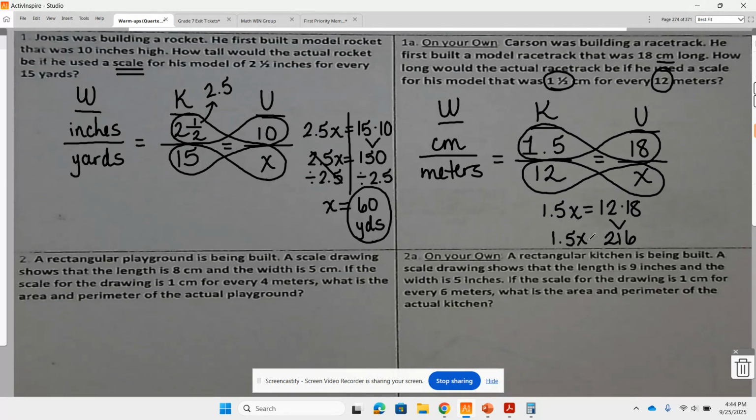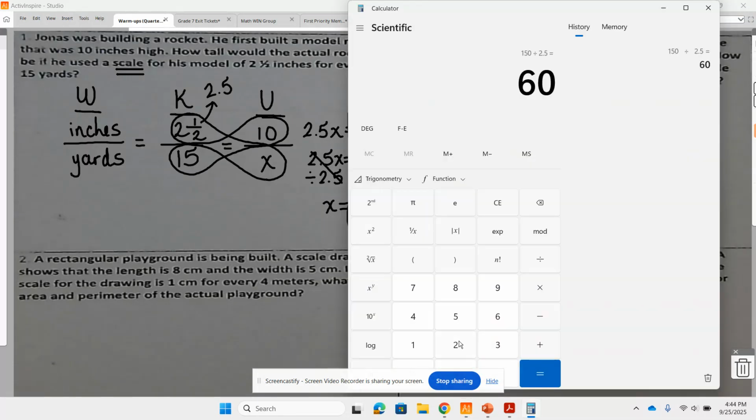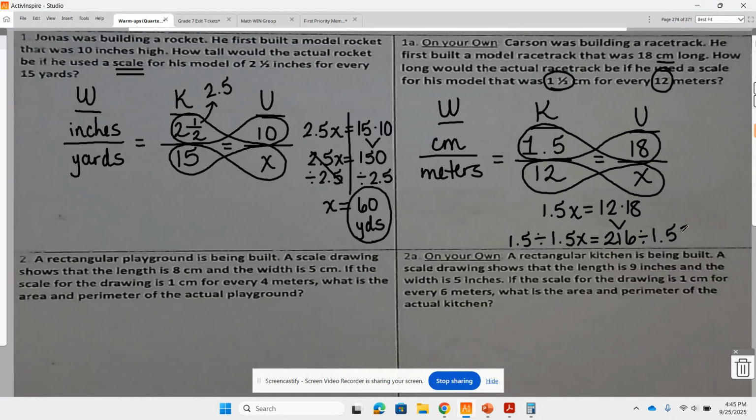Okay, I'm running out of room to show my steps, so remember what we're doing is dividing by 1.5 on both sides. So 216 divided by 1.5. 144, and that's in meters.